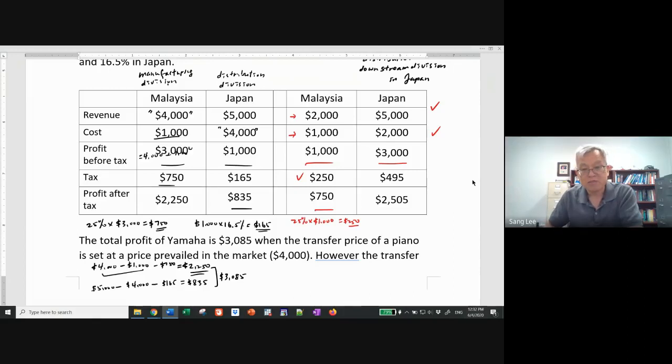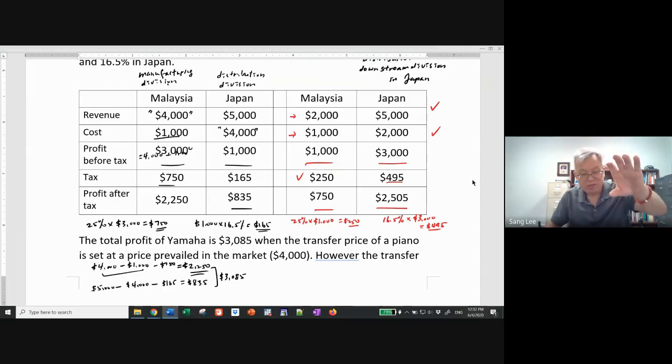And the tax rate in Japan is lower than in Malaysia, so 16.5% times the distribution division's profit, $3,000, is what? $495. So that's tax. So 3,000 minus 495. After tax profit is what? $2,505.